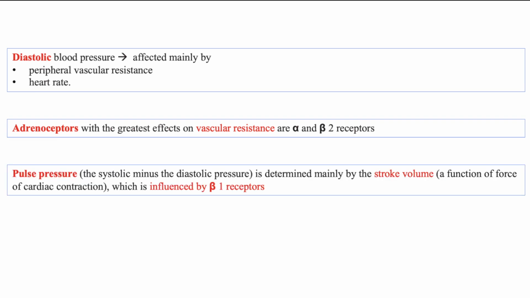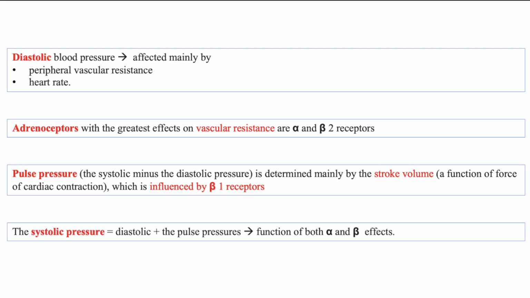Pulse pressure, which is systolic minus diastolic pressure, is mainly determined by stroke volume, which is a function of the force of cardiac contraction, and which in turn is influenced by beta 1 receptor activation. Systolic pressure is diastolic plus pulse pressure, which again is a function of both alpha mediated and beta mediated effects.